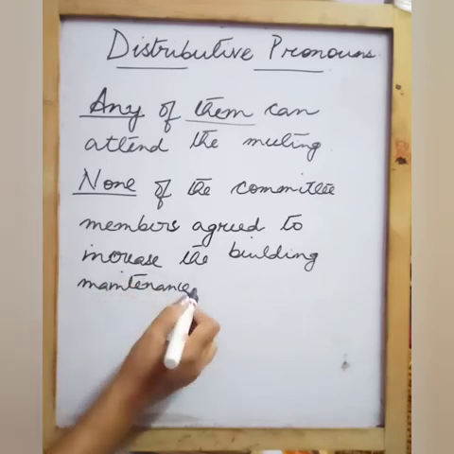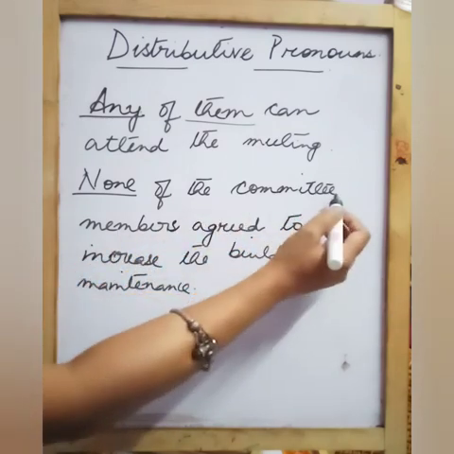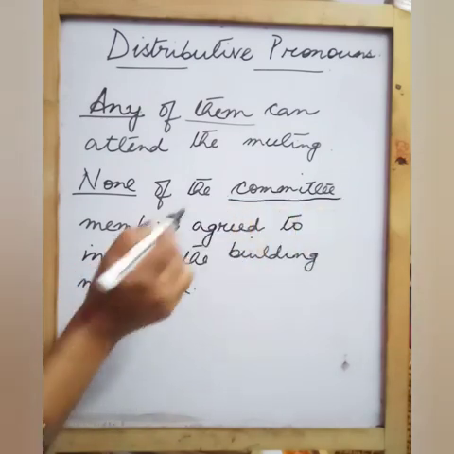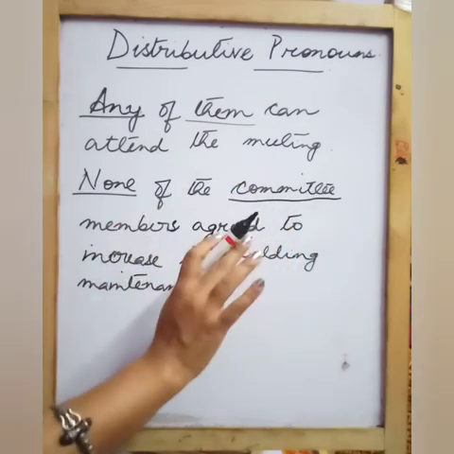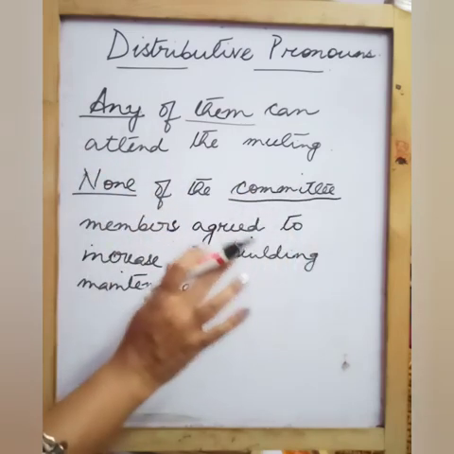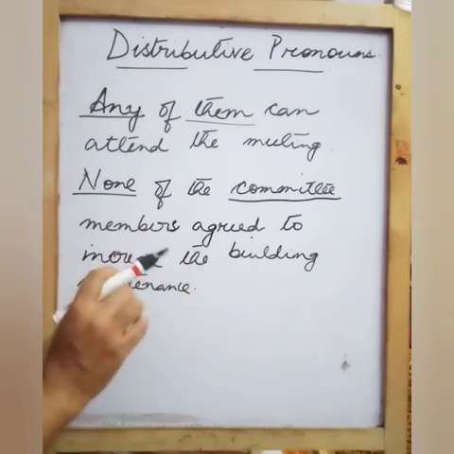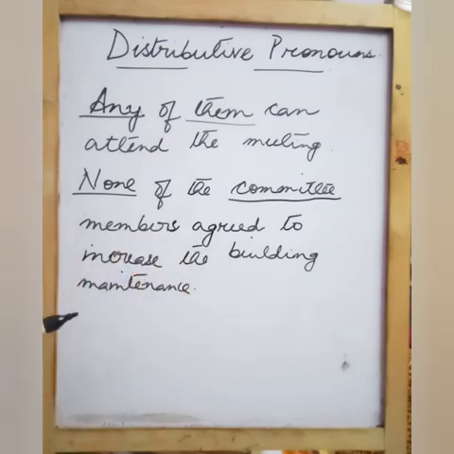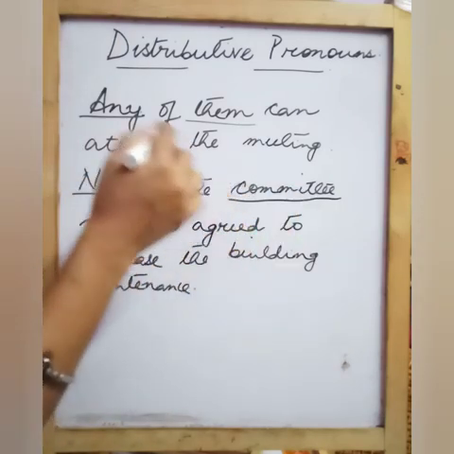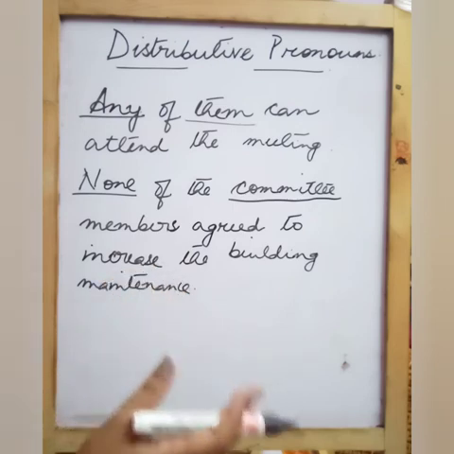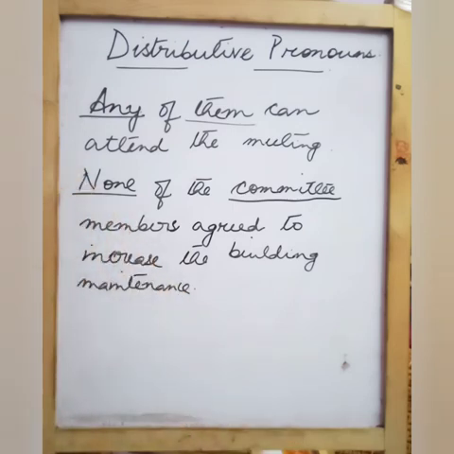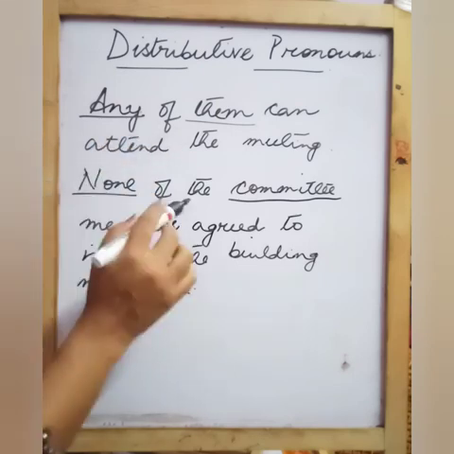My handwriting is becoming bad, I'm sorry. Fine. So committee is a collective noun, remember. The members who are there in the committee, none of them agreed to increase the building maintenance. So this is the difference. Any means any one of them. None means none of the committee members. How many? We don't know. Maybe 5, maybe 6, maybe 10, 20. So among them all, none of them agreed.